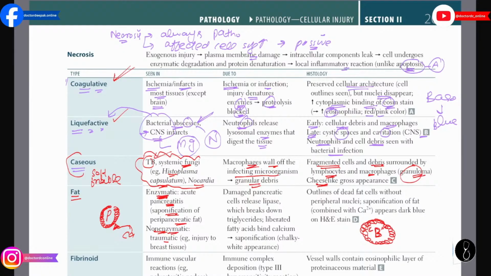Then keep in mind fat necrosis is usually seen in traumatic and non-traumatic causes. The non-traumatic cause, I explained to you, is pancreatitis. And the traumatic cause is breast trauma. So always please keep this in mind.